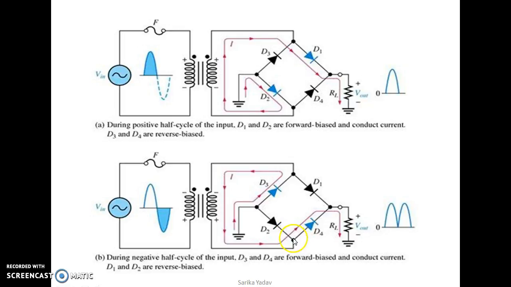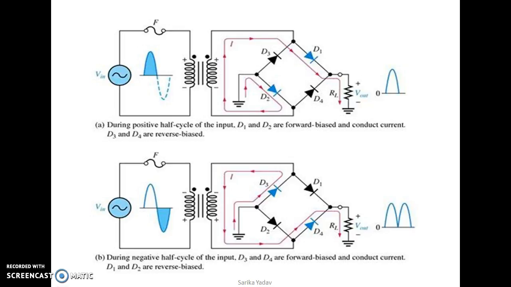Similarly, this positive terminal is connected to anode part of diode D4, due to which D4 is forward bias. Hence, during negative half cycle, diode D3 and D4 are conducting, and hence we are getting the output at load resistor due to diode D3 and D4.